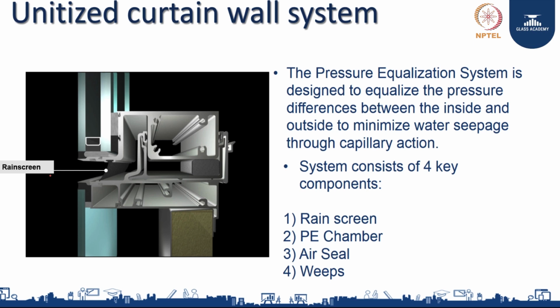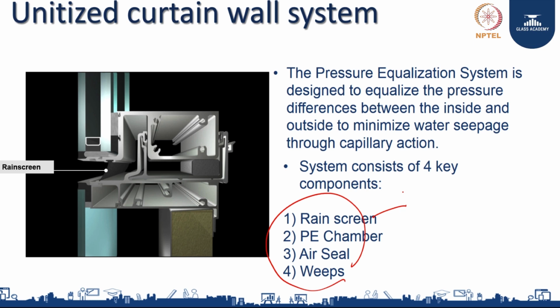While you design a system, the first 4 factors you have to see are 1, 2, 3, 4, what is written here. A rain screen. If there is wind and water together, they will find a way to go into your building. So, you want to shelter the building against wind and water. When you talk about a rain screen, you control the water getting in through the joints, because this joint you see here is called a stack joint.